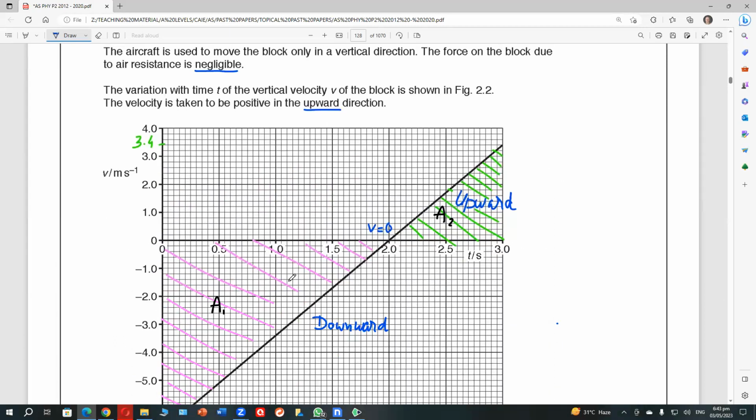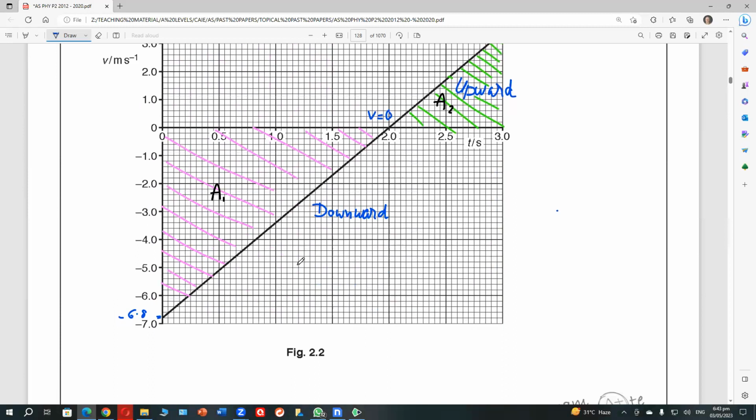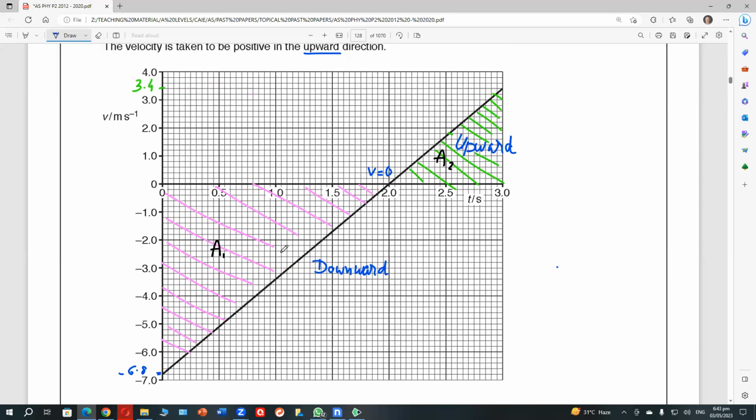After 2 seconds, velocity is 0. Can you model this question, that it means initially it was going downward, then it stopped, reached the lowest point, and then it returned and is going upward? What do you think? Yes, I think it's the minimum point.